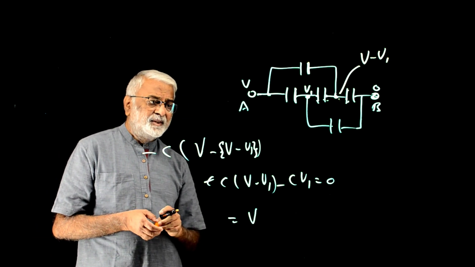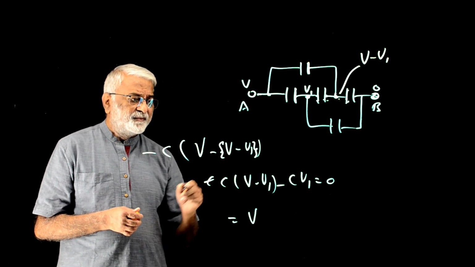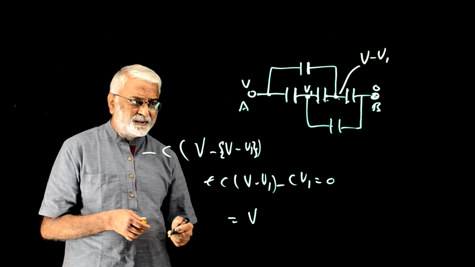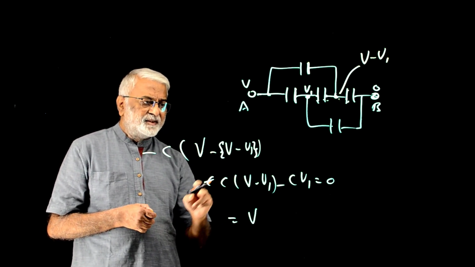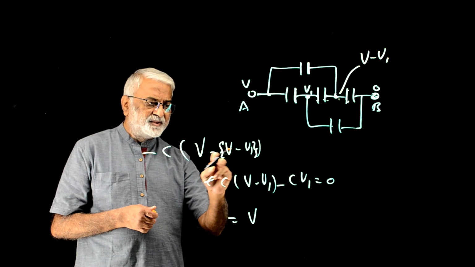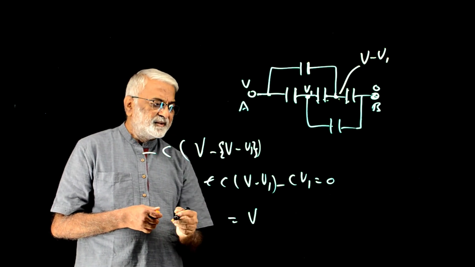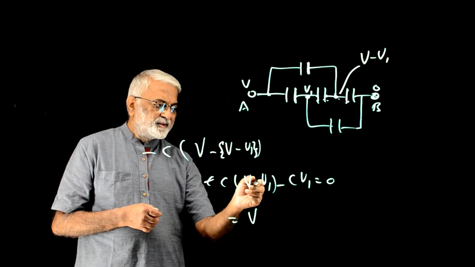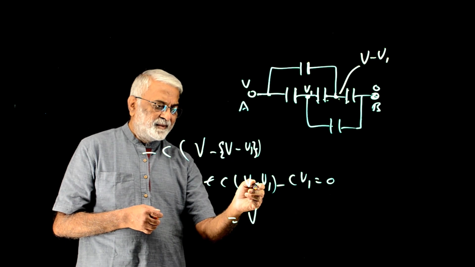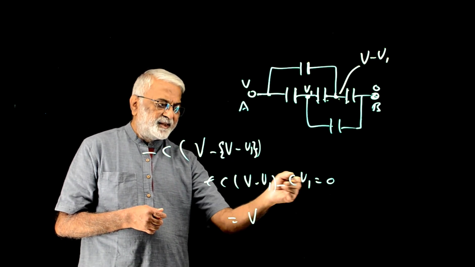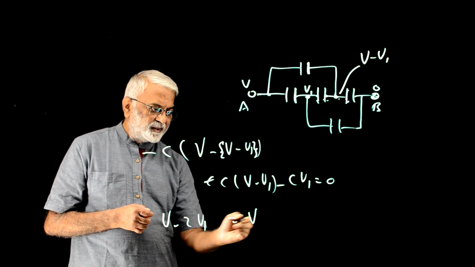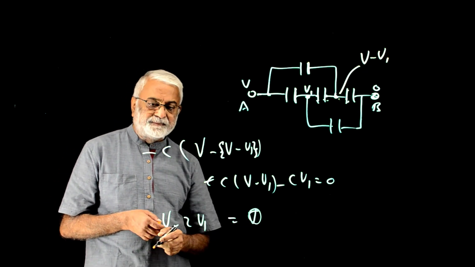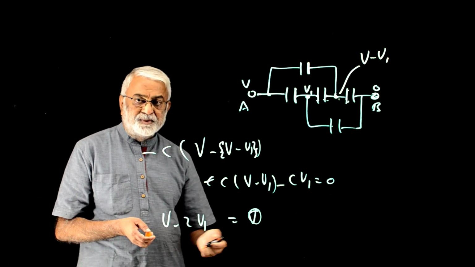Simplify this and you'll get V1 is equal to V by 2. So this V gets cancelled, so minus V here, so V gets cancelled. This V1, yes, minus 2V1, so V minus 2V1 equals 0. That's what you're getting here. I hope you can see that. So V1 is V by 2.